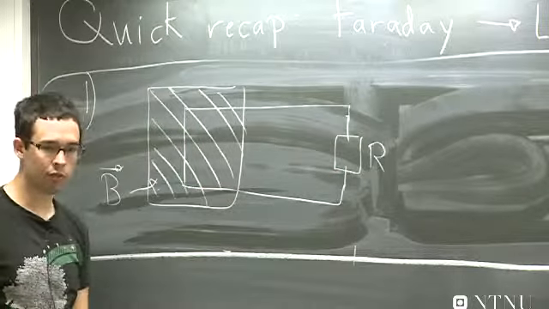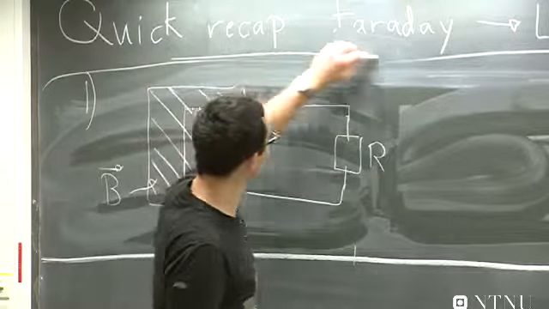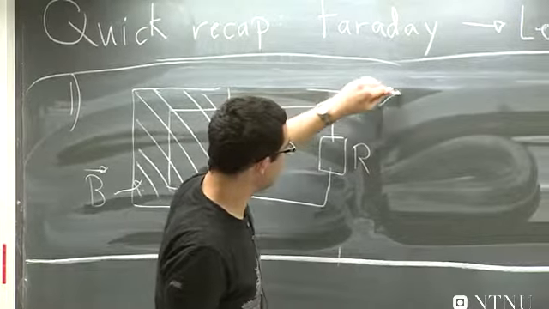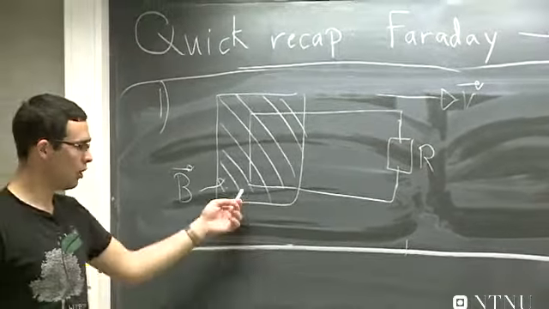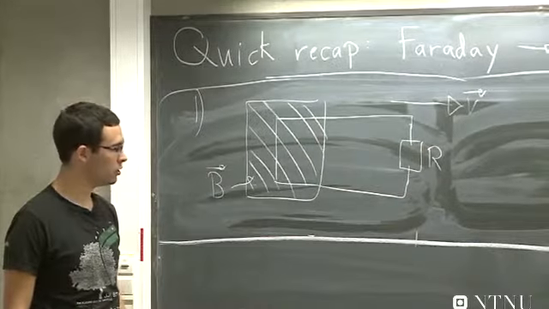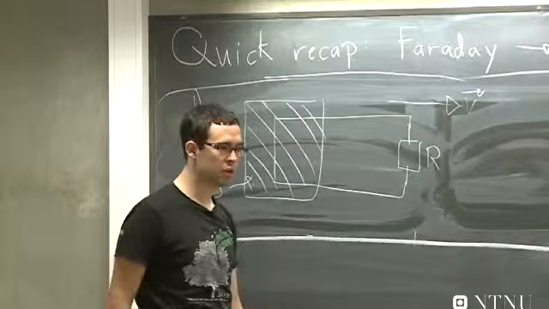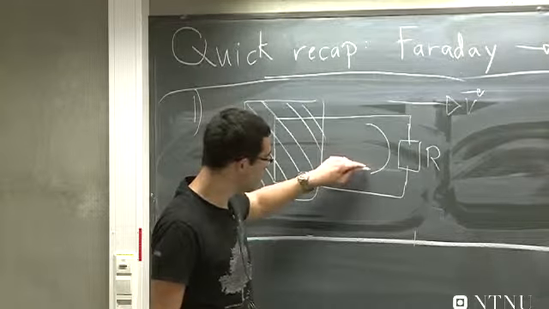And then he did the following. He took his hand and pulled with some velocity out of the magnetic field. And then by various means he could measure that there was a current flowing here.